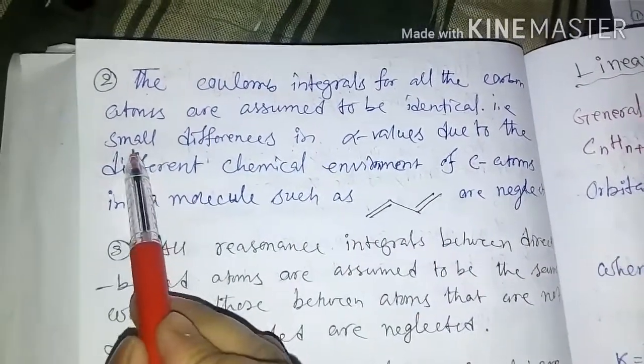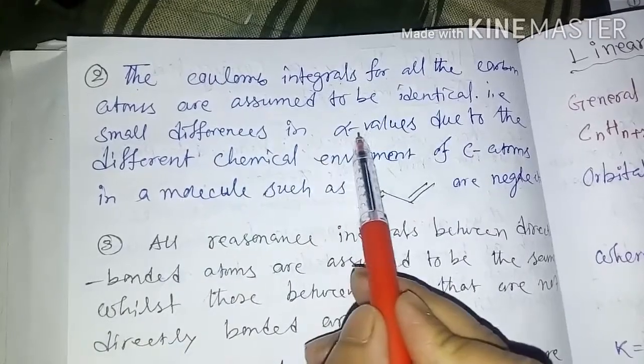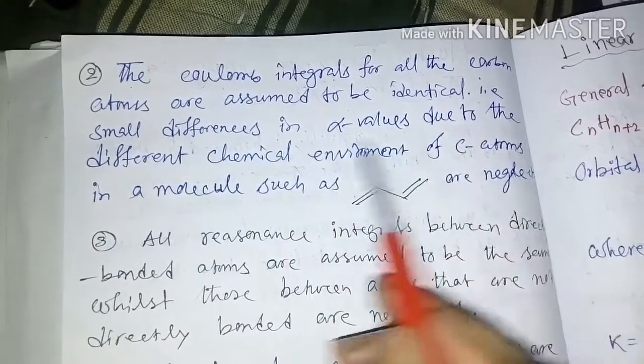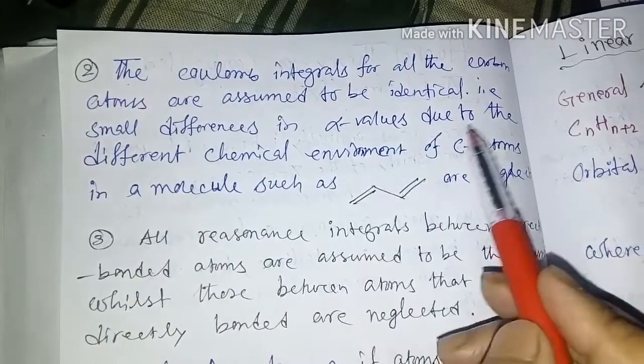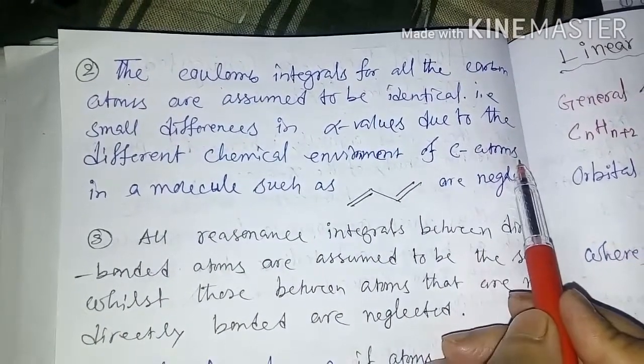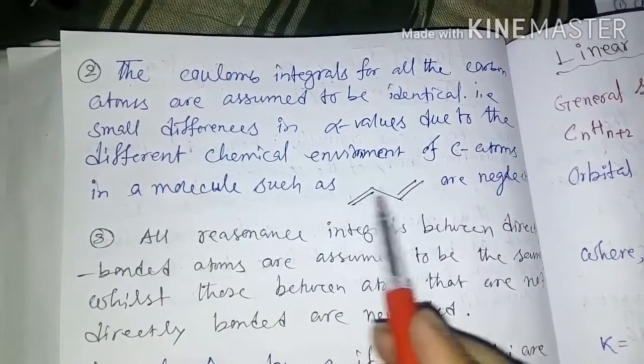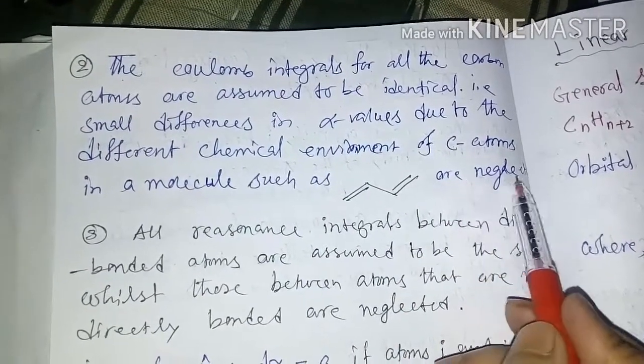That is, small differences in alpha values due to the different chemical environment of carbon atoms in a molecule such as this one are neglected. See, there are 1, 2, 3, 4 carbon atoms here. You have to assume they are identical.